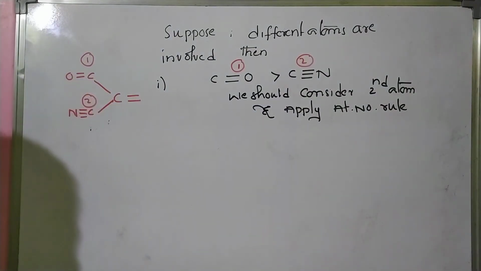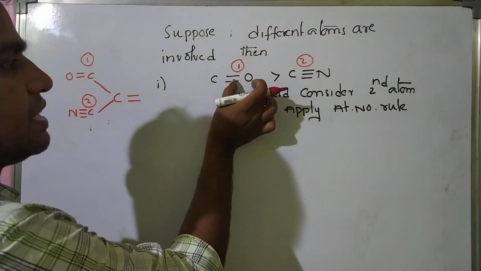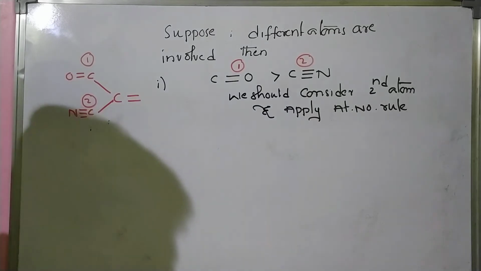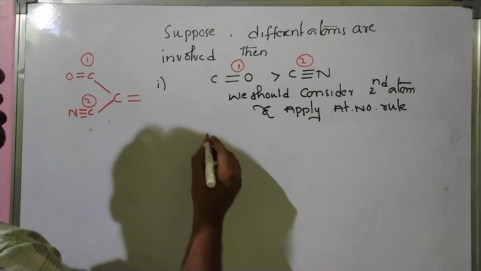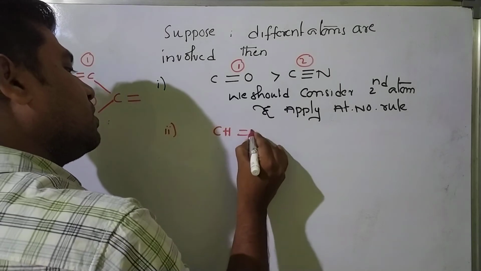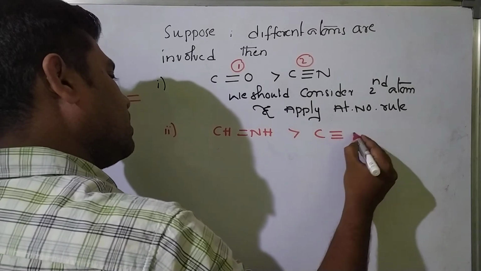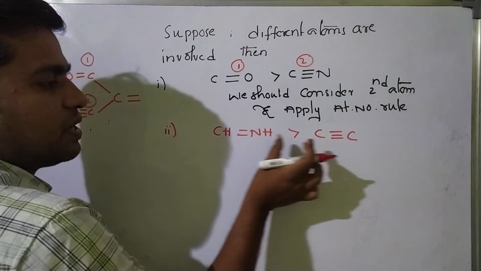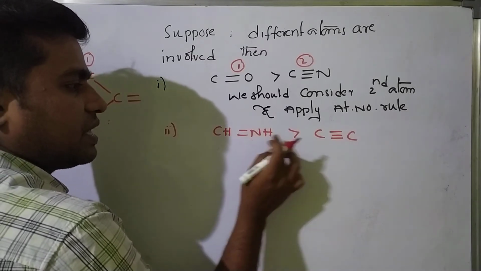Please try to understand the difference between this and the previous set. And the second one also: CH double bond NH is greater than C double bond C. Here also multiple bond, here also multiple bond, but here carbon nitrogen, here carbon carbon.